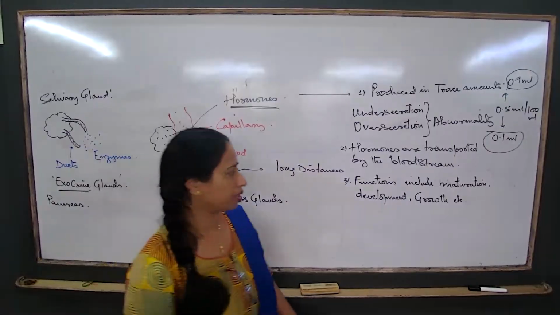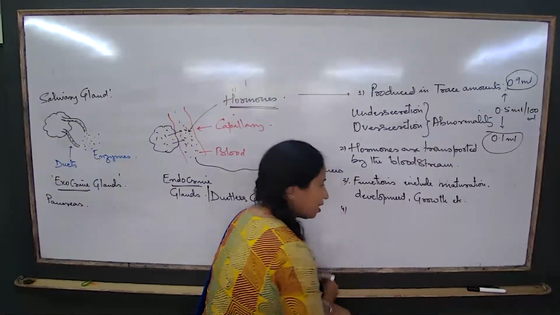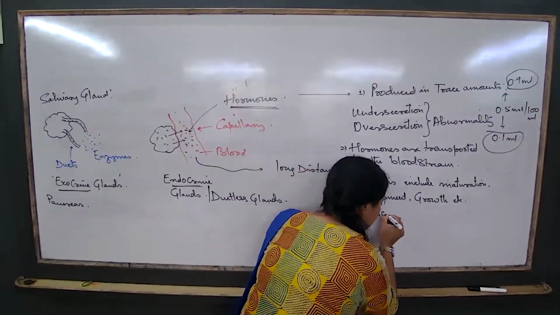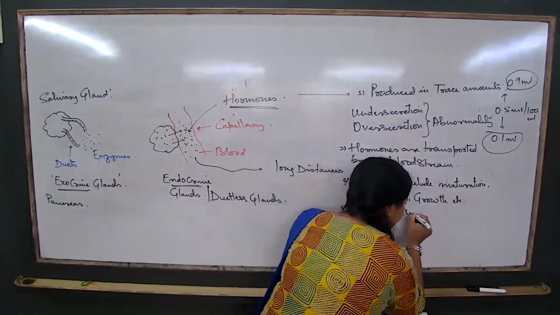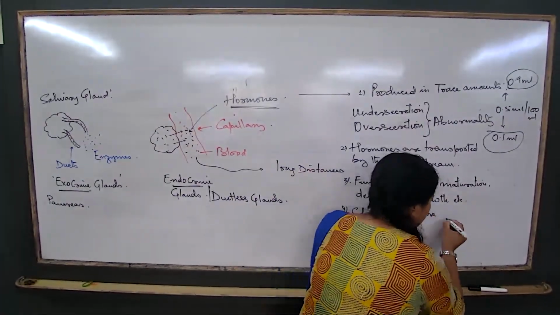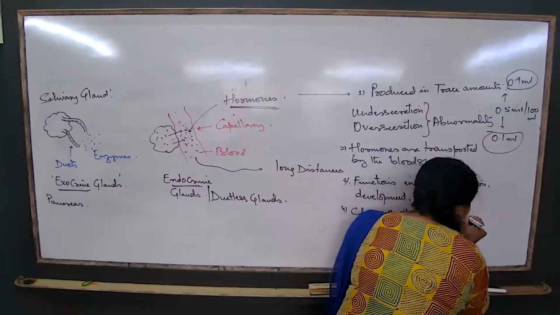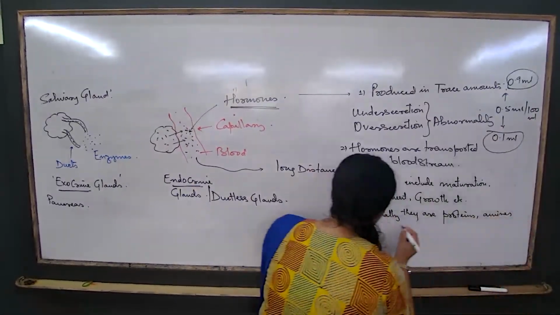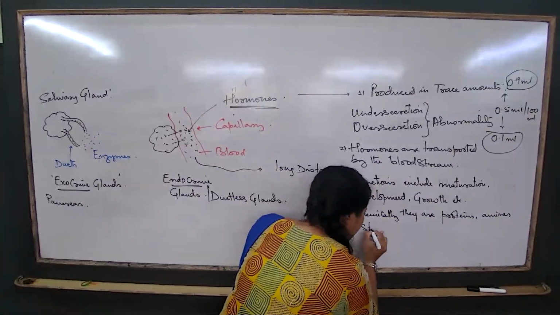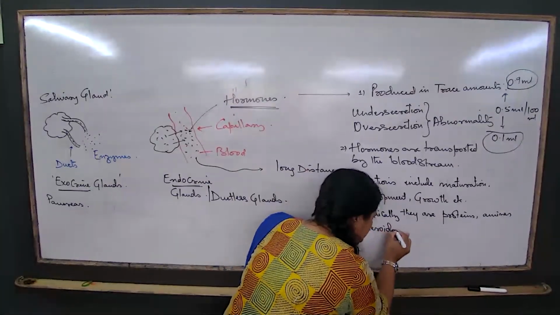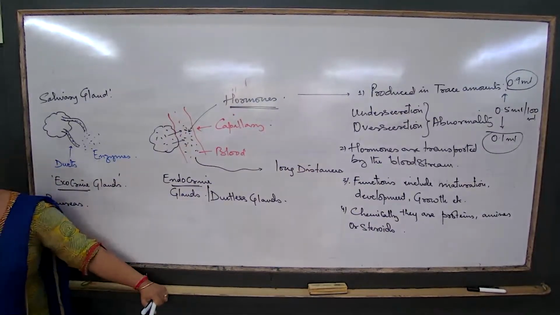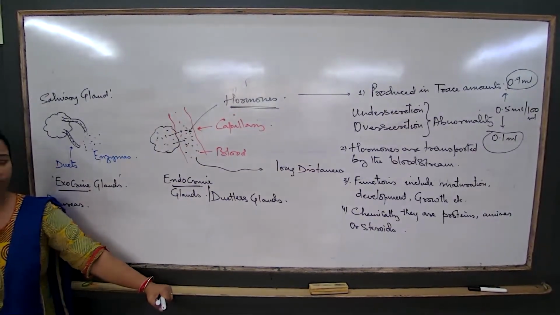So when we are talking about the chemical nature, 3-4 points about the hormones you are supposed to remember. Chemically, they are proteins, or they may be amines or steroids. When we are talking about steroids, steroids here mean that they are the derivatives of fatty acids.